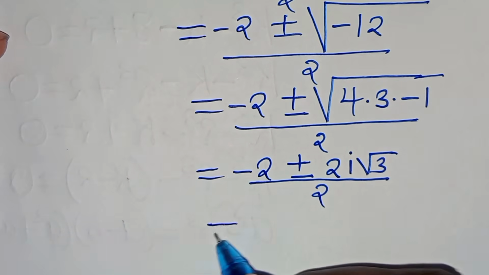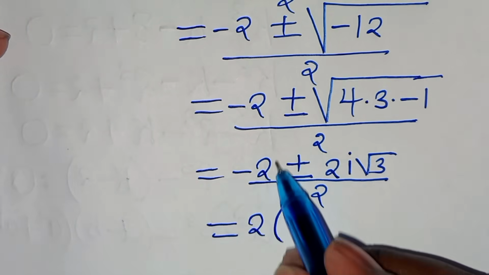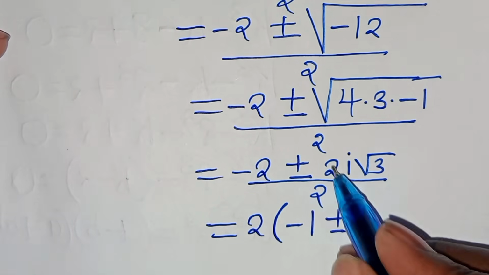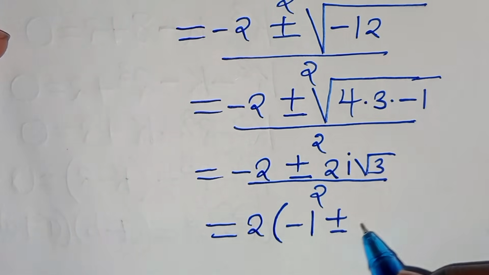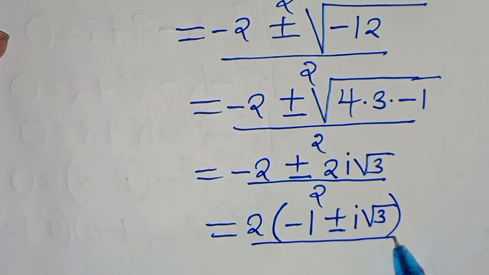Now in the numerator here, 2 is common, we factor out 2: minus 2 divided by 2 is negative 1, plus or minus 2i square root of 3 divided by 2.